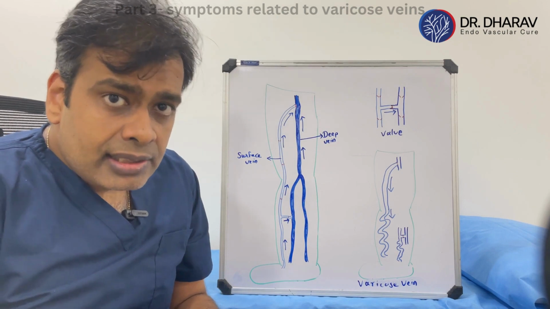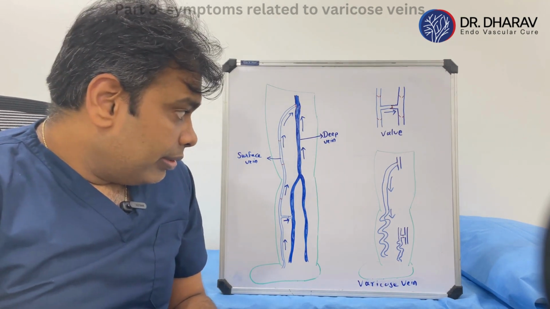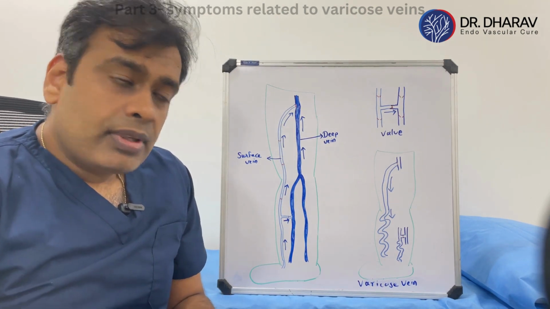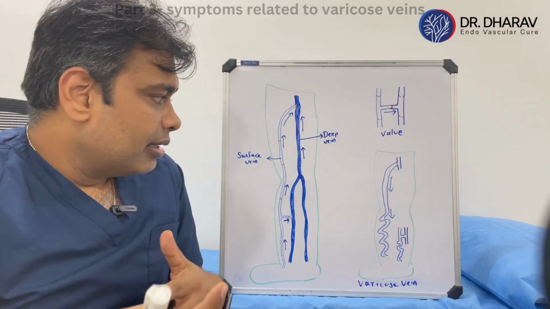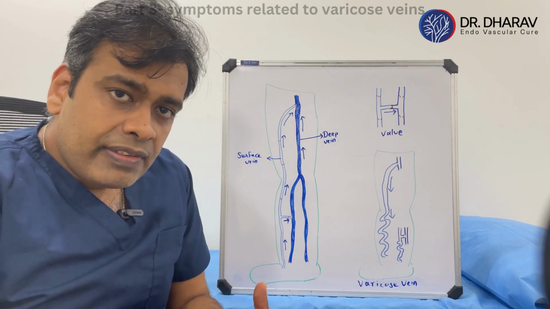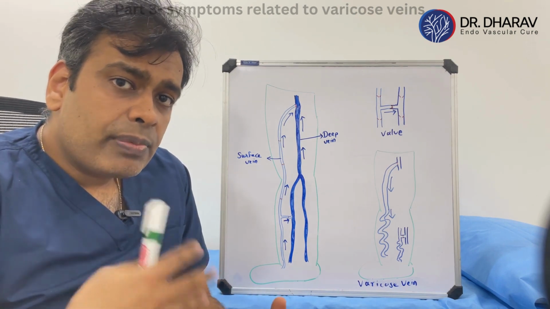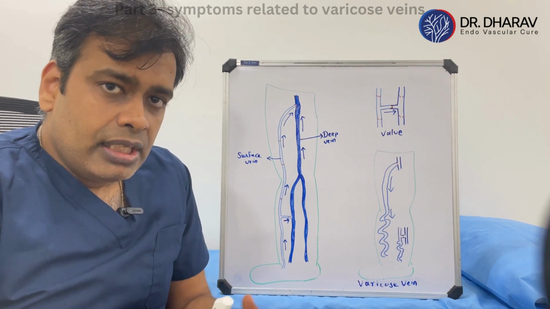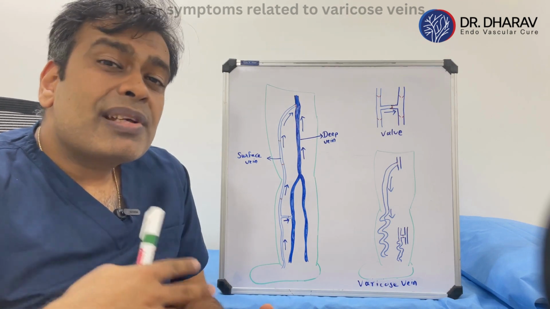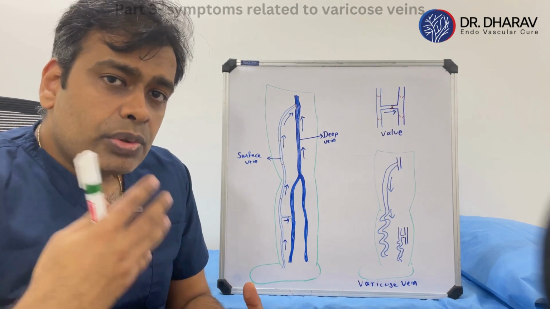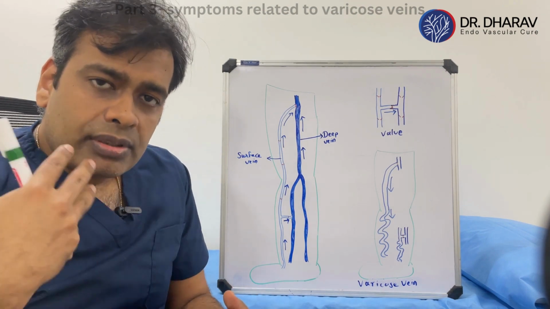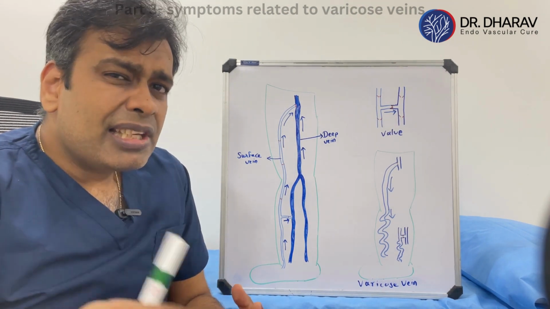It becomes a cosmetic concern. Also it becomes a circulation problem. The blood is not able to go back, so blood is accumulating there, so the muscle may not be able to function very well, the skin and subcutaneous tissue may not function very well. It can cause pain, inflammation, muscle cramp, and all those symptoms tend to get worse when you do prolonged work, when you stand for a long time, especially in the evening time.